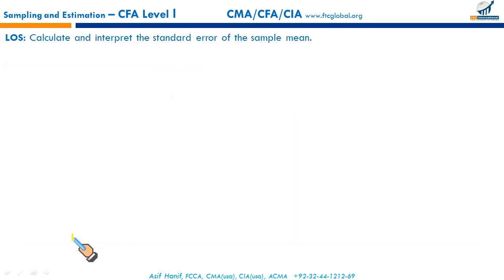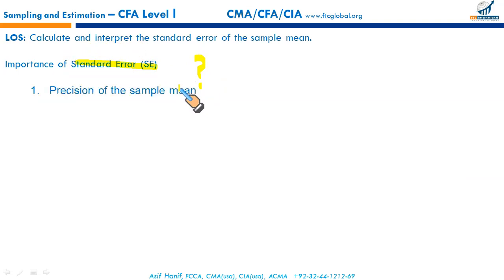All right. Now the question is, why is standard error so important? Why are we interested in it? Standard error basically gives analysts an idea of how precisely the sample mean estimates the population mean, because we are trying to draw an inference, a conclusion about the population by calculating the sample mean.